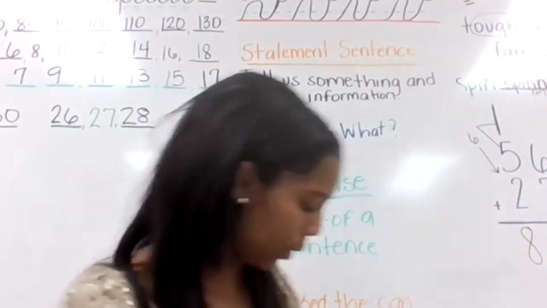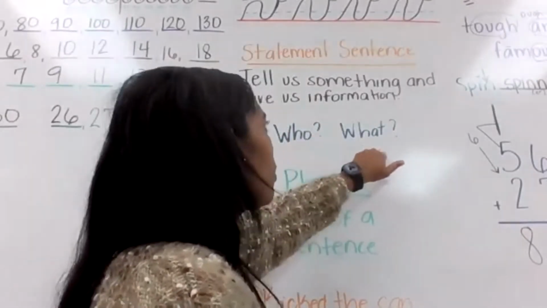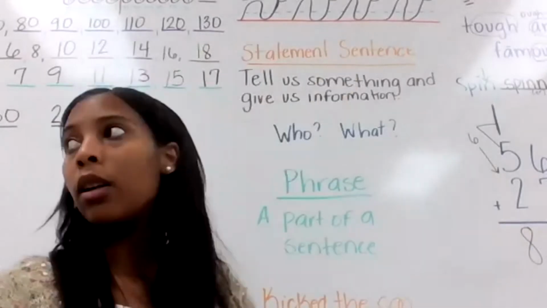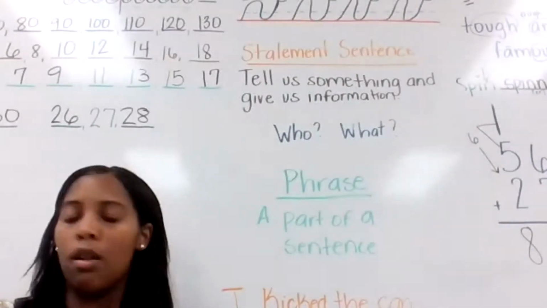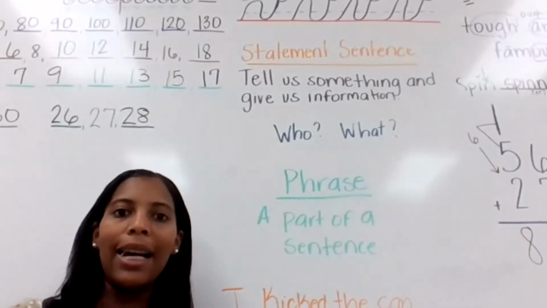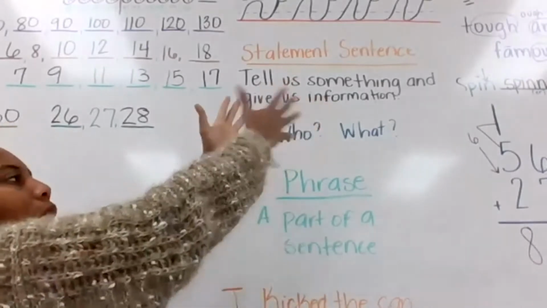So the who is him and his mom. What about them? They went to Disneyland. Statement. Okay? What do you have? My brother is 29. Who? Her brother. What about him? He is 29. Statement.